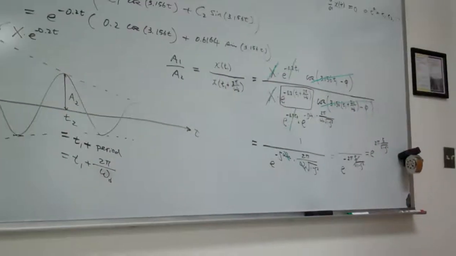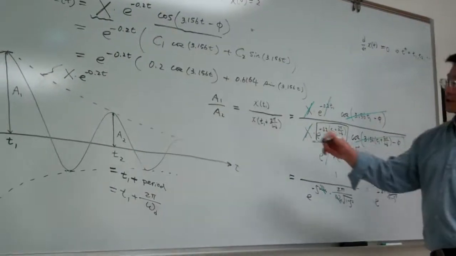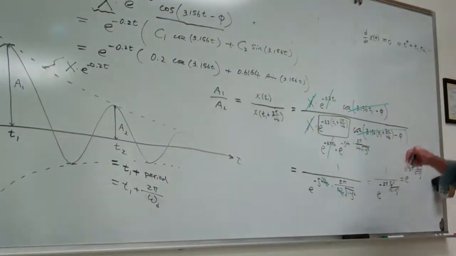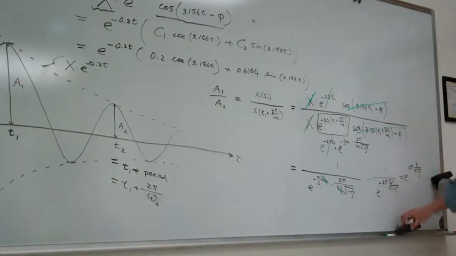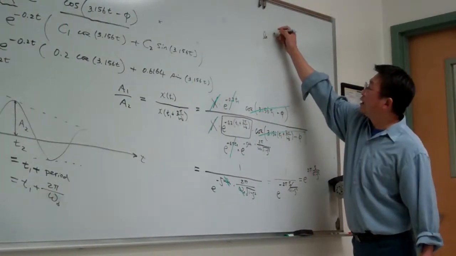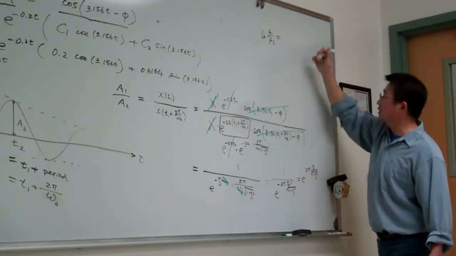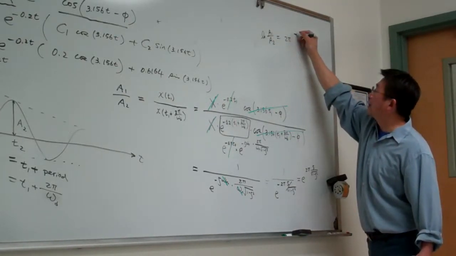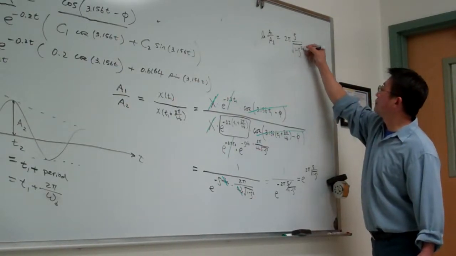Under these situations, people say, why not take the log? If we take the natural log, then the natural log of A1 over A2 simply is equal to 2 pi zeta divided by the square root of 1 minus zeta squared, like this one.